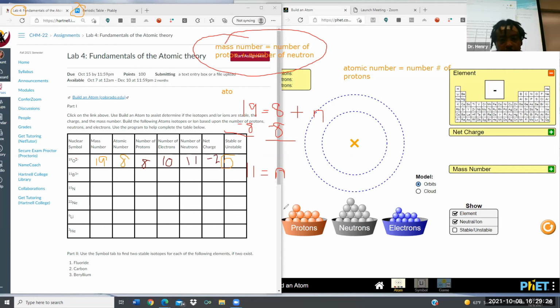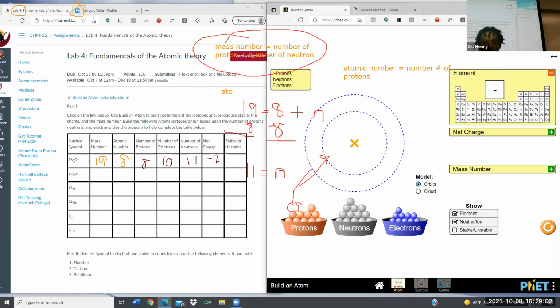And then the last part is, is it stable? The way we determine that is you're going to put in your 8 protons. Drag your 8 protons into this thing over here. You have to use the mouse to do it.